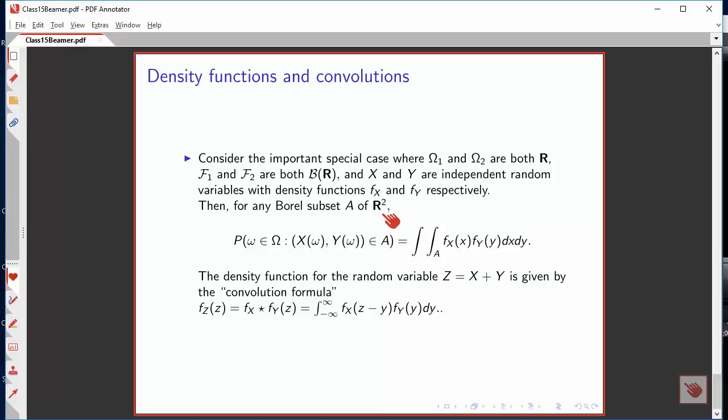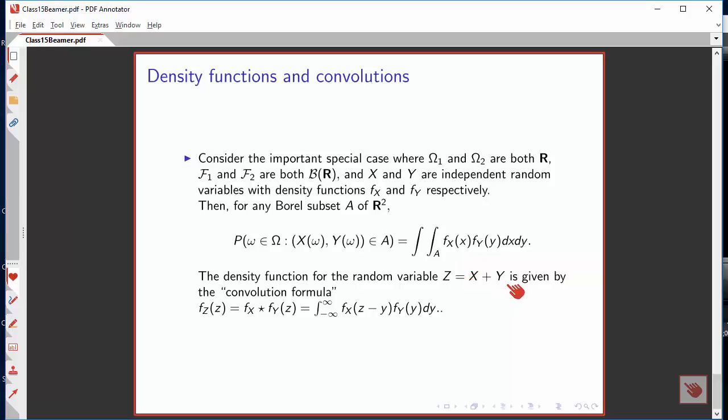And now we can think about R2 consisting of pairs of values of the two random variables and ask for a specific subset A in R2, in the plane, about the event consisting of all points in the sample space where the pair of values lies in this set A. And we can calculate that by taking the product of the two density functions and integrating it over the set A. If you have taken a course in multivariable calculus, you have had a lot of practice in integrating functions of x and y over such sets.